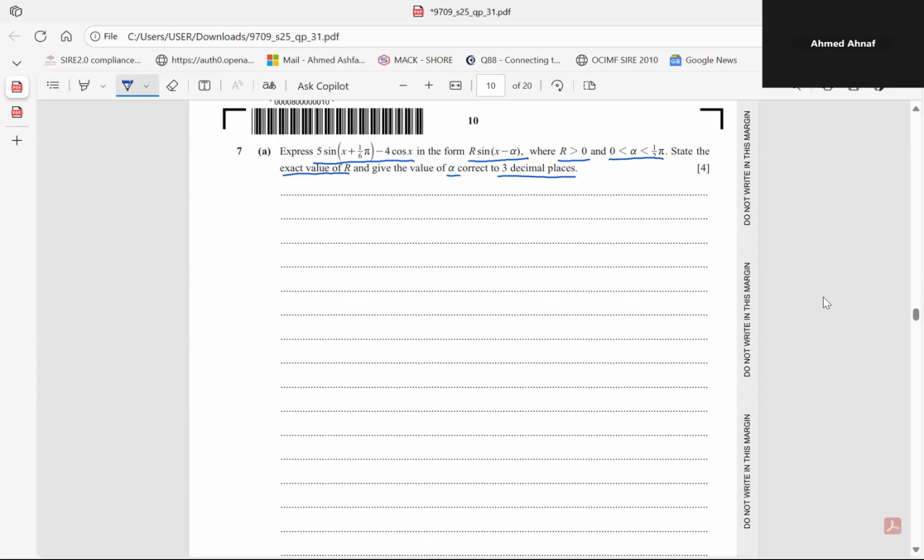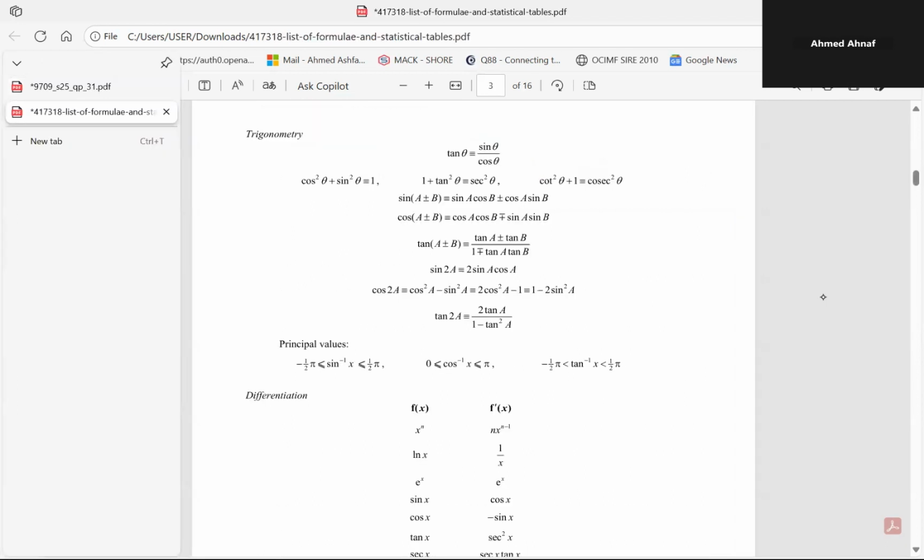Okay, so in order to do this question, let's first expand this expression. In order to expand it, we're going to have to first expand sine bracket x minus alpha. And we can do that using the addition formula for sine.